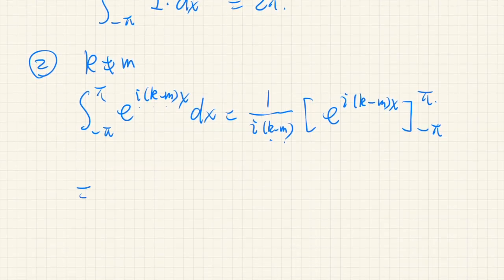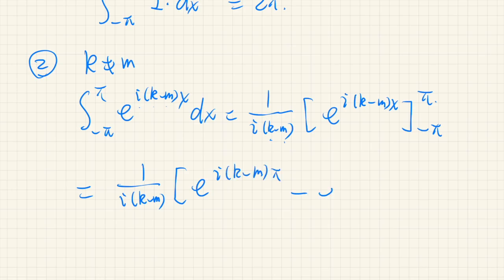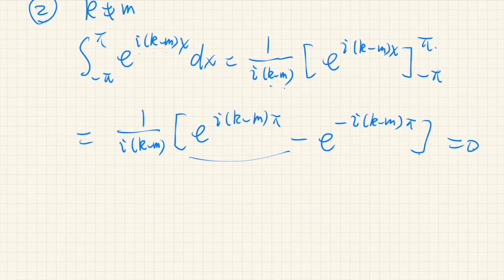So this is equal to exponential of i (k minus m) π minus exponential of i minus (k minus m) π, which is equal to 0. So this one corresponds to, on the complex plane, π times some integer, since k minus m is an integer.